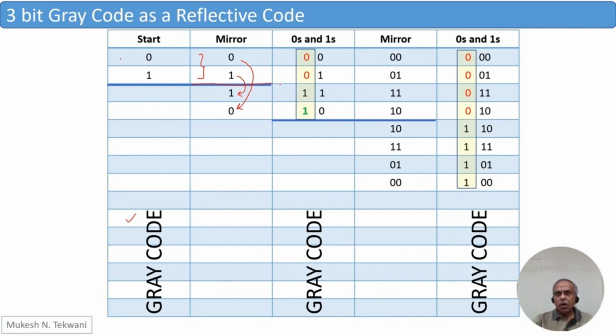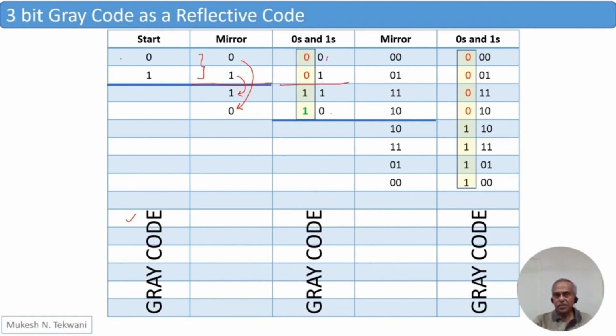In front of the pattern which was in front of the mirror, so we have 0 1, we'll append a 0. So 0 0. So this 0 0 gets appended to the part which is in front of the mirror, and coming to the part which is the reflection, the mirror image, the 1 and the 0, these are the ones and the zeros that we got, we append this with 1 1, and therefore our Gray code becomes 0 0, 0 1.